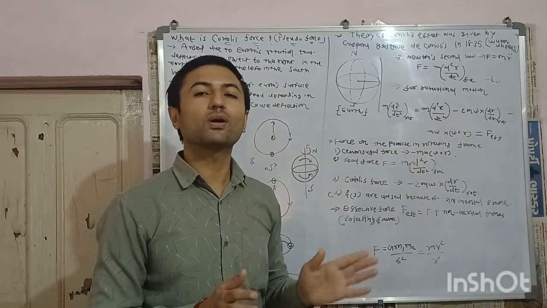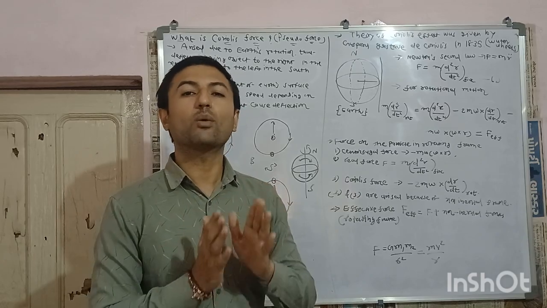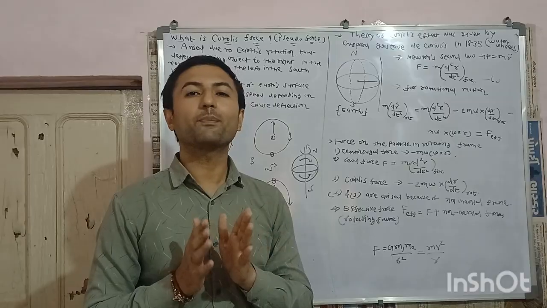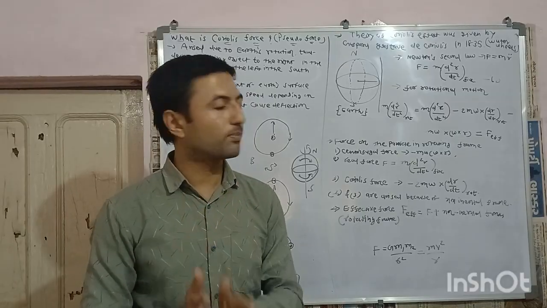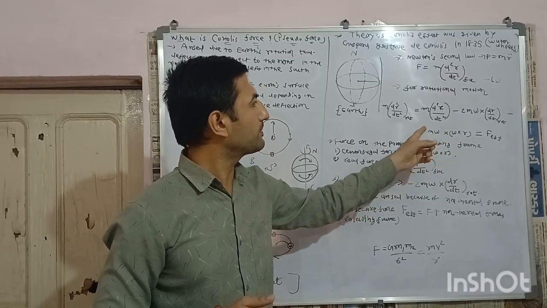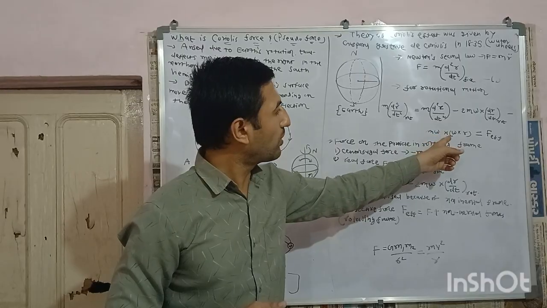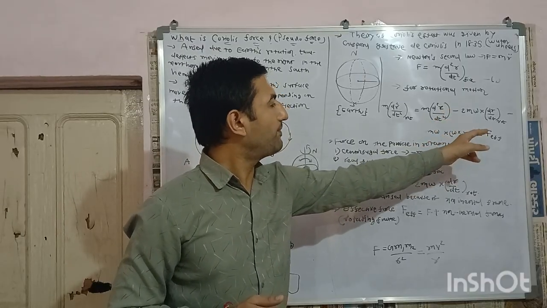Coriolis force is a product of the object's mass and the object's rate of rotation. It is always perpendicular to the direction of the rotational axis of the object. The third term is centrifugal force, that is m omega cross (omega cross r).